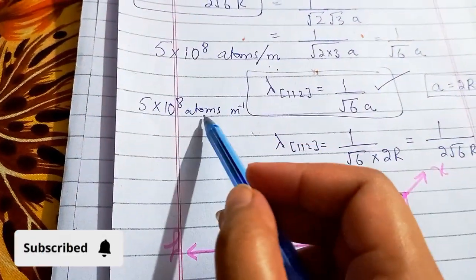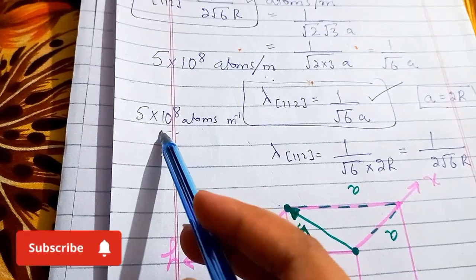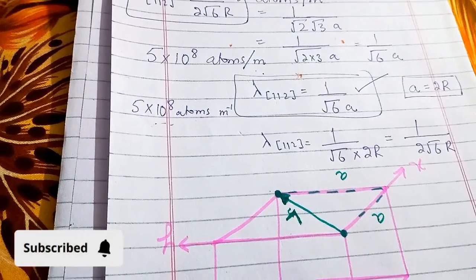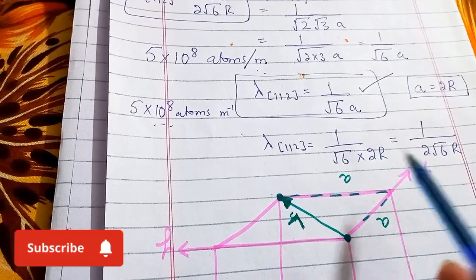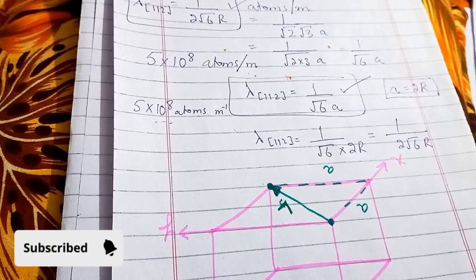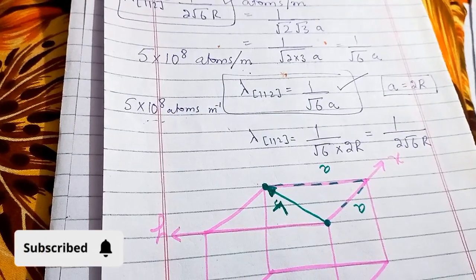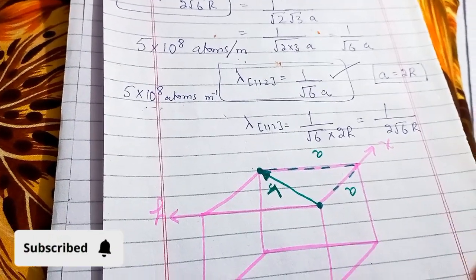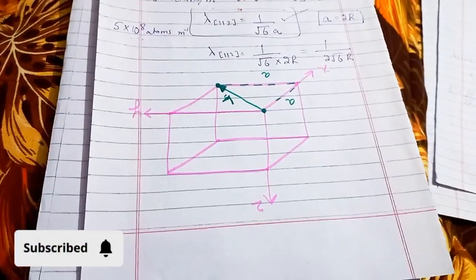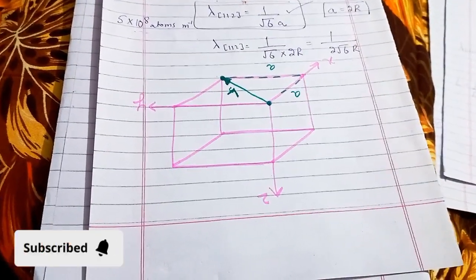Atoms is written to show that this is a linear atomic density, because it's the number of atoms per meter length. If you count something, it doesn't properly have any unit, basically. Like if you count atoms, or if you count toffees, so it's 12 toffees.